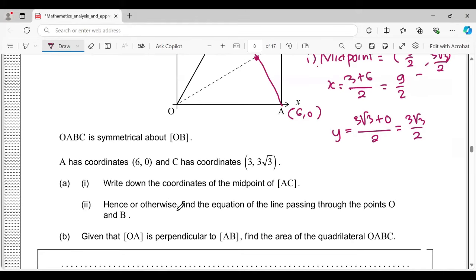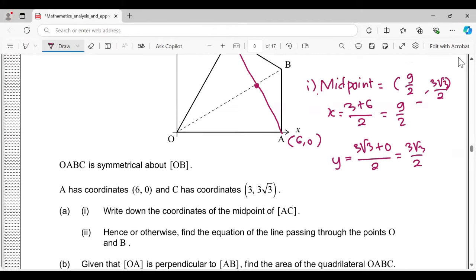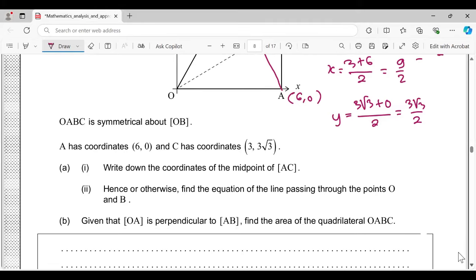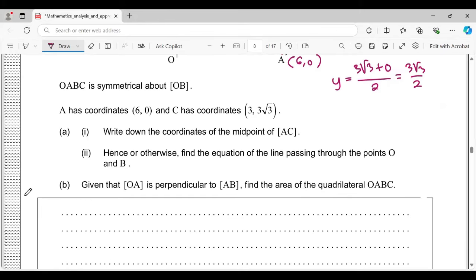Part 2: hence or otherwise find the equation of the line passing through the points O and B. So we're going to find this strike line equation, line OB. Firstly, I will find the gradient, y over x.